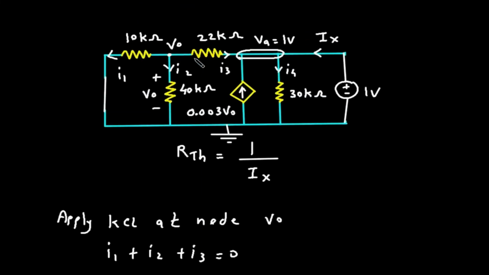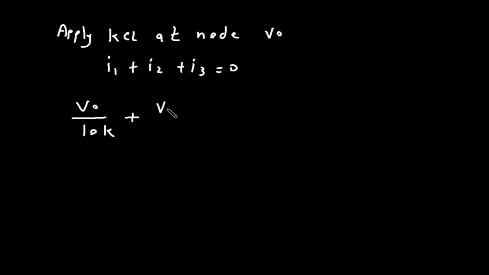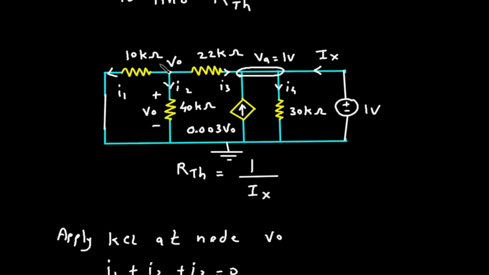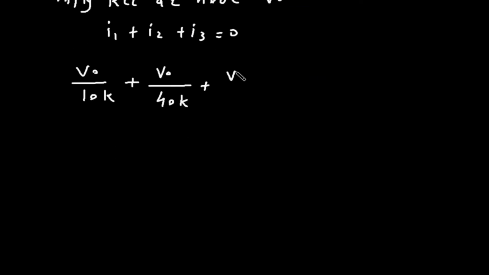I2 is VO minus 0 by 40K, plus I3. Now I3 is VO minus 1 by 20K is equal to 0.